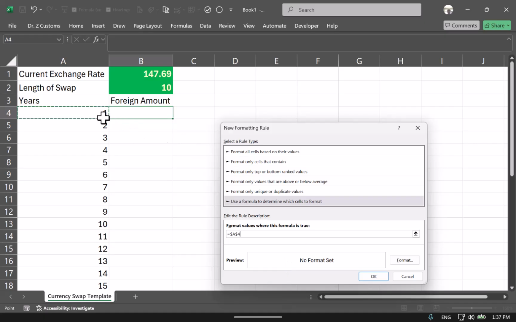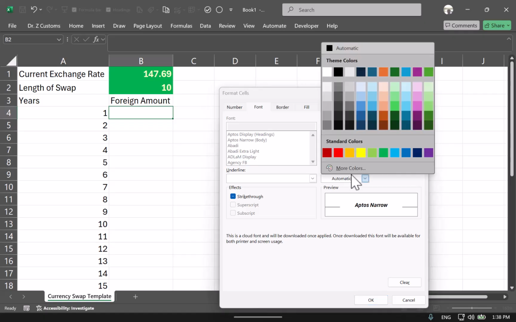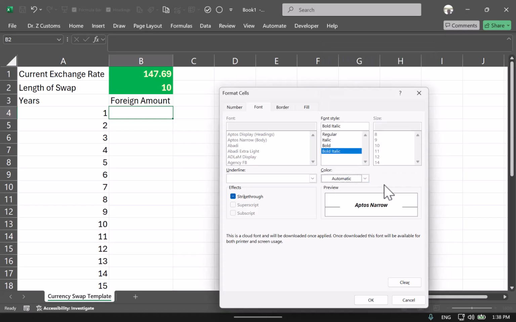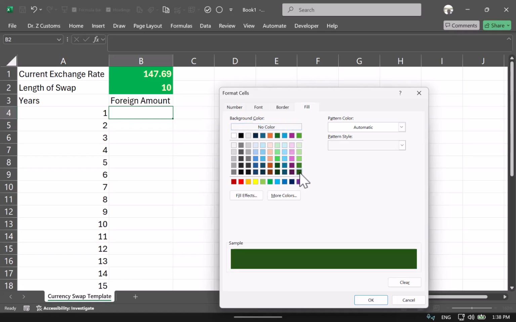If this years is less than or equal to length of swap, I'm going to make this bold italic. Let's do the fill as green or dark green.